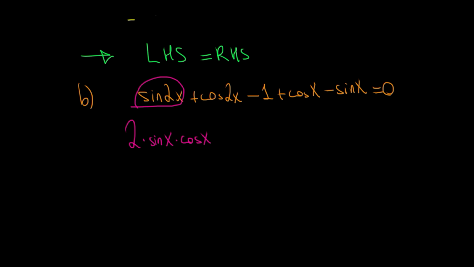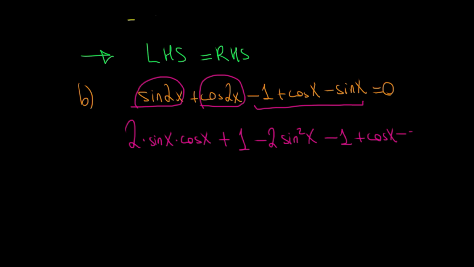So we have this one, plus we have cosine of 2x. Cosine of 2x we can write as 1 minus 2 times sine squared x, and then I'm just going to keep writing the rest. This I have to write as it is, minus 1 plus cosine of x minus sine of x equals 0. I do that and I'll carry on.